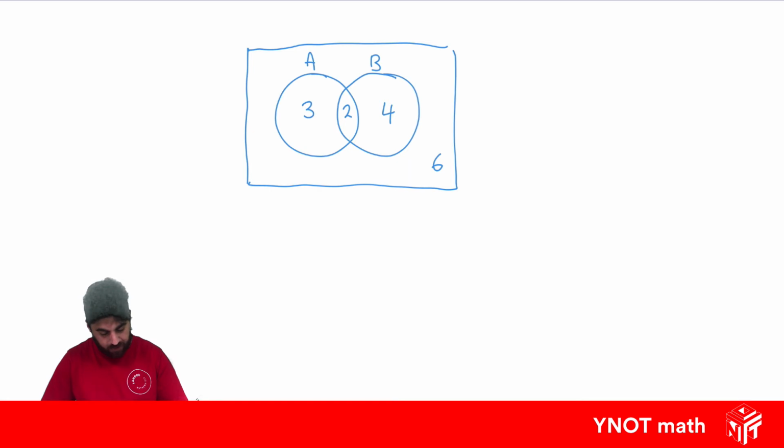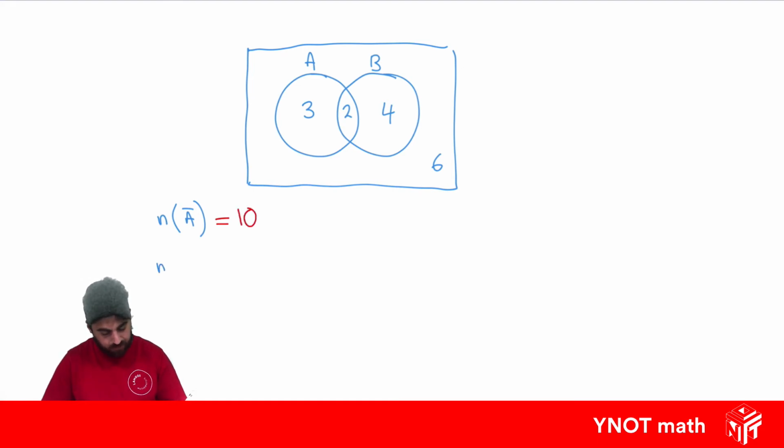So first we want to find the number of elements in the complement of A. So the complement of A is everything that's not in A. So in A we have 5 elements in total. So these two are not in A, so we get 10.